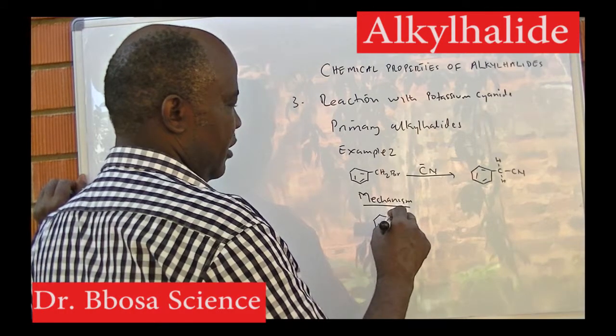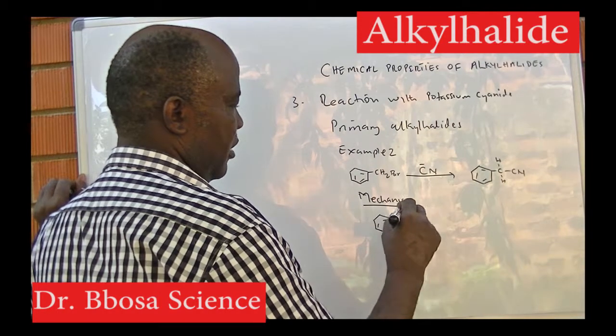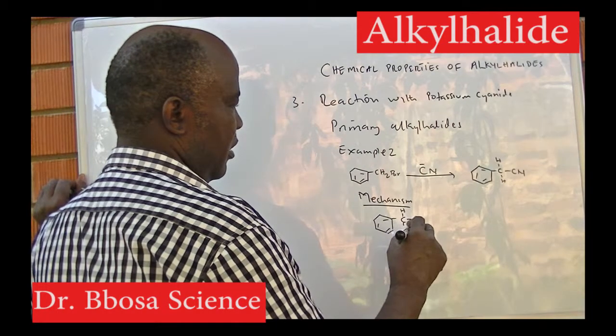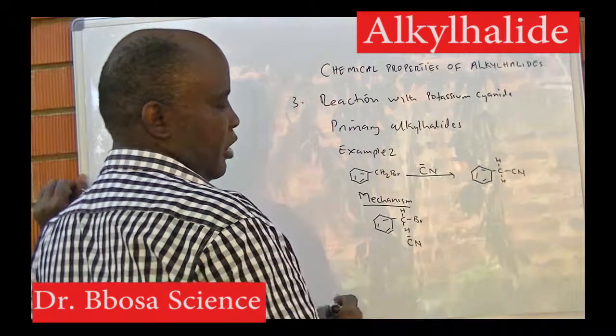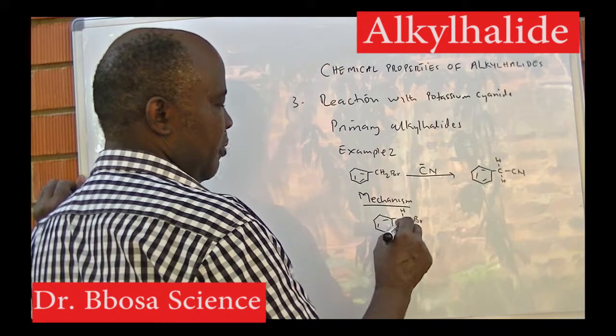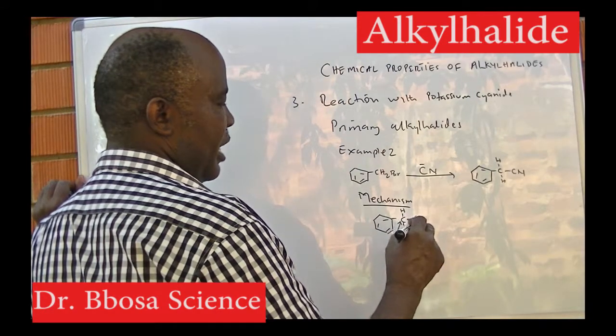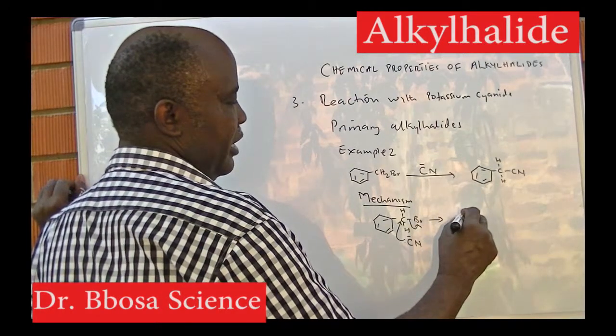Bromophenylmethane: the cyanide ion uses a lone pair of electrons to displace a bromine ion from the compound, then you get the product.